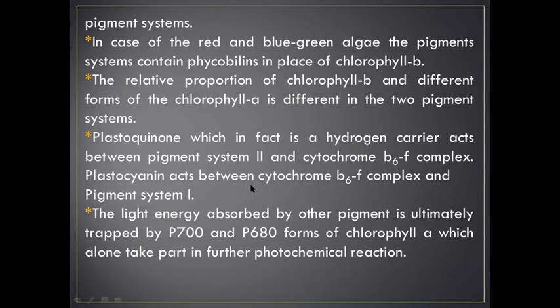Plastocyanin acts between cytochrome B6F complex and pigment system first. The light energy absorbed by other pigments is ultimately trapped by P700, that means reaction center first, and P680, that means reaction center second, forms of chlorophyll A, which alone take part in further photochemical reaction.